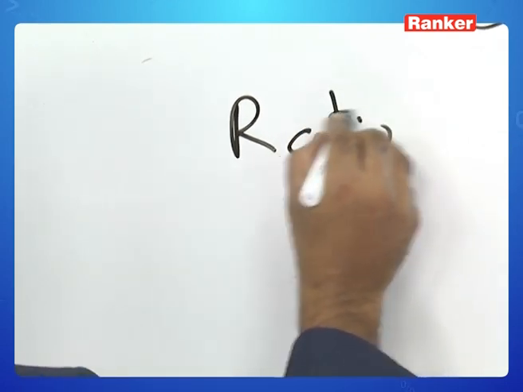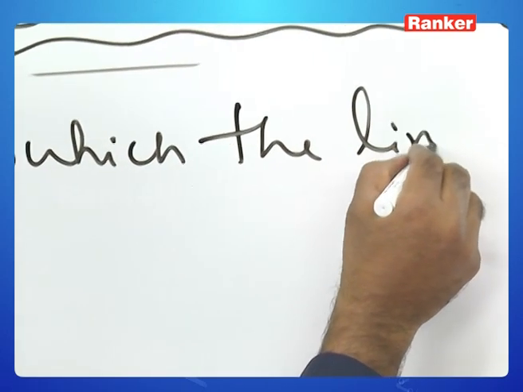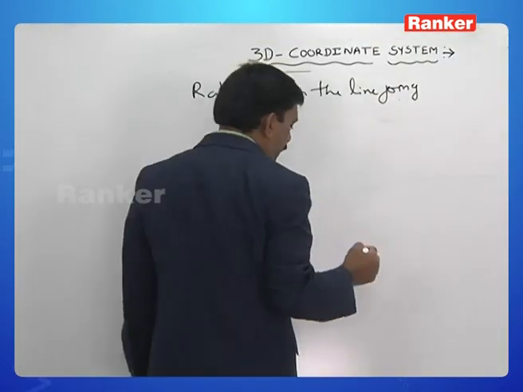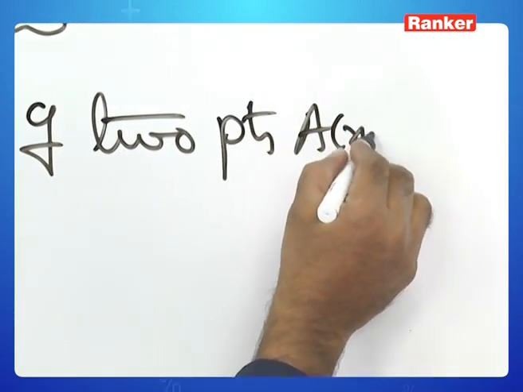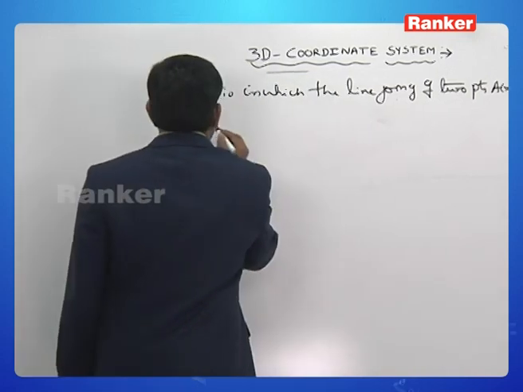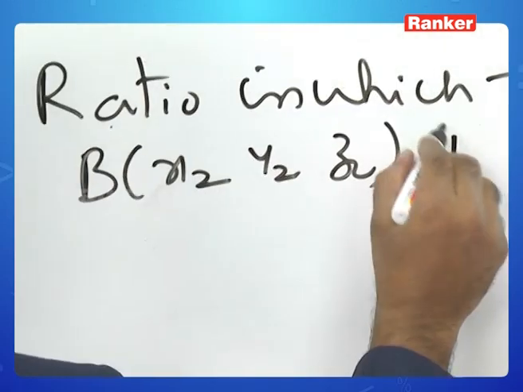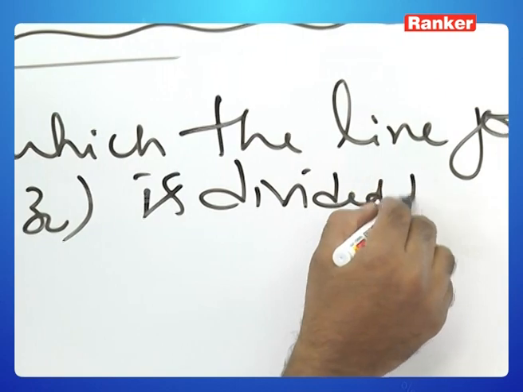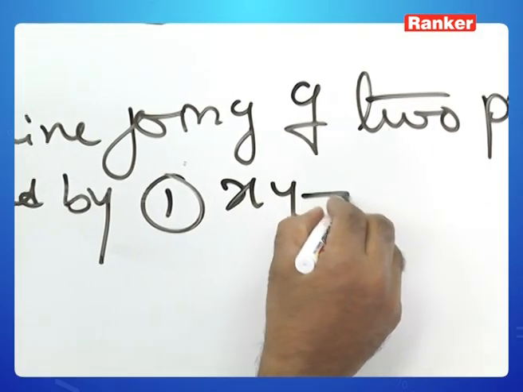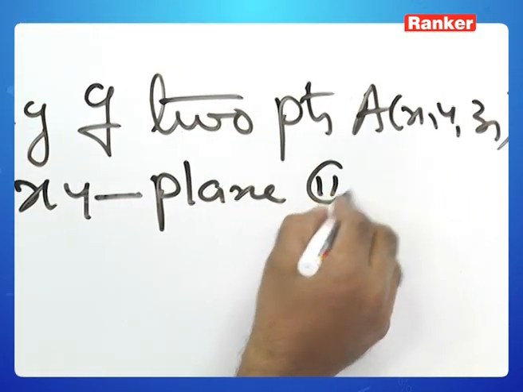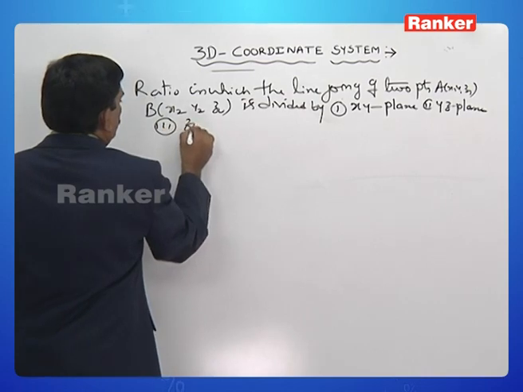Next one is the ratio in which the line joining of 2 points A of x1, y1, z1, B of x2, y2, z2 is divided by, first one xy plane, second one yz plane, third one zx plane.